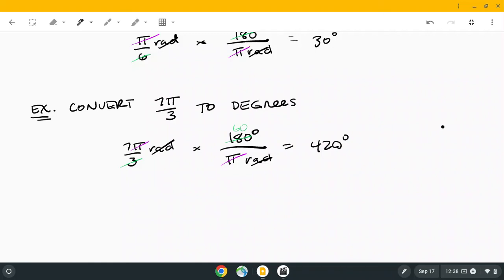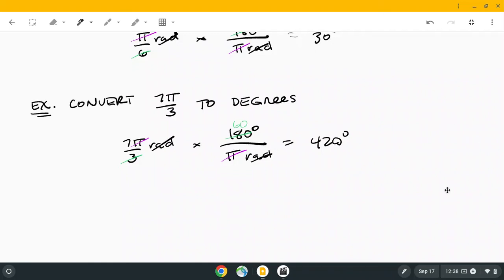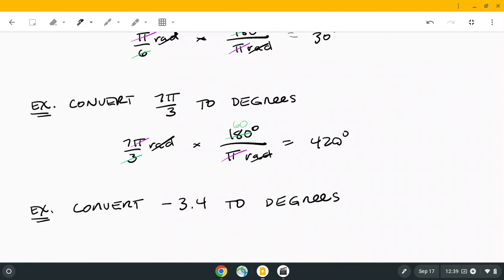Okay, so how about you try this one and we'll end here. Let's see if you can round to the correct number. Convert negative 3.4 to degrees. Again, they don't write down radians, it's understood.